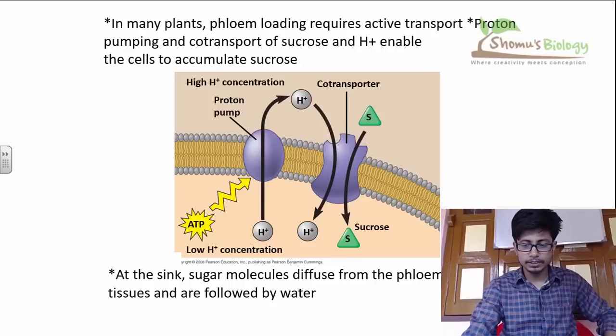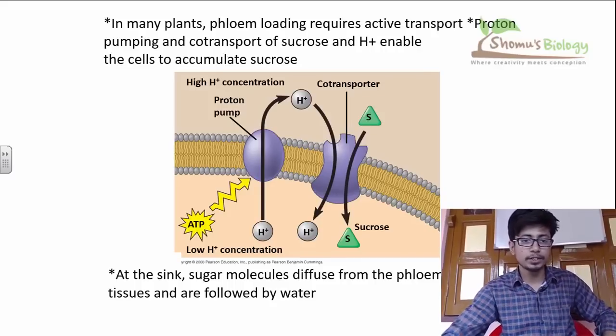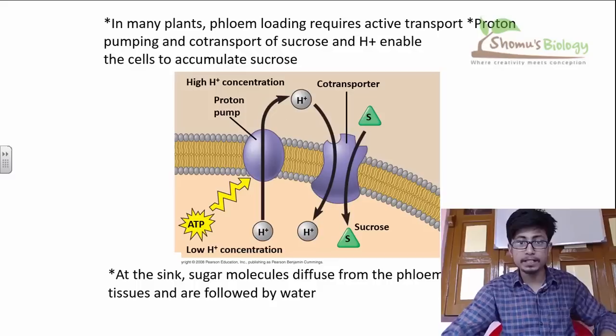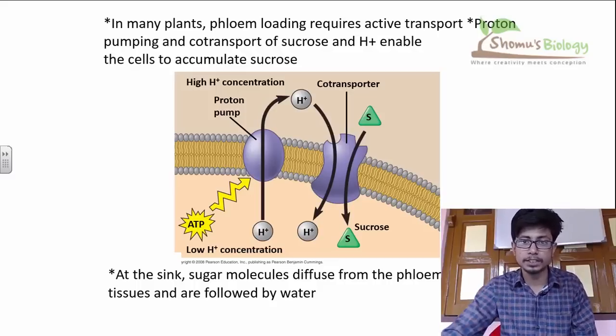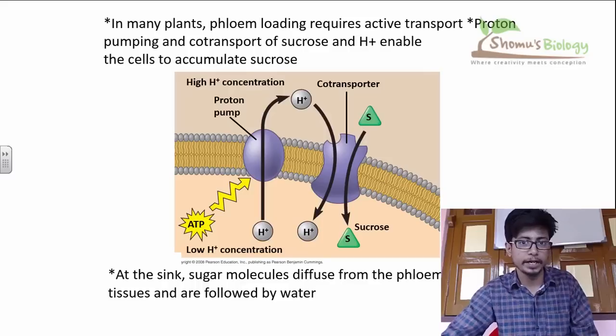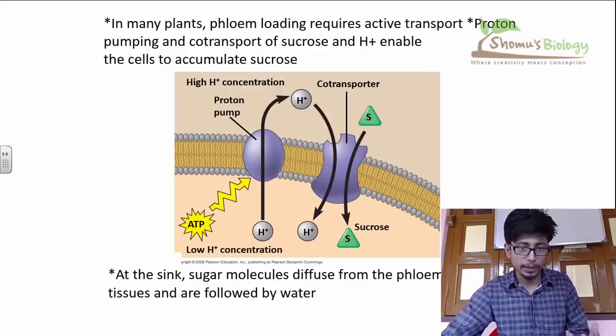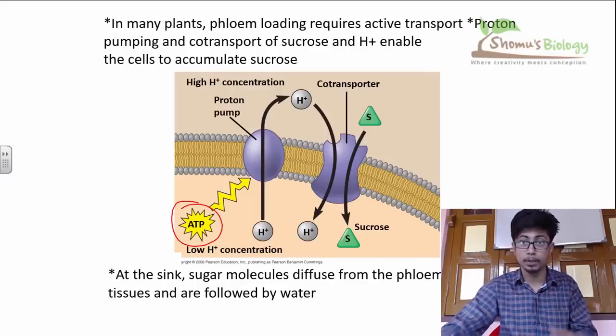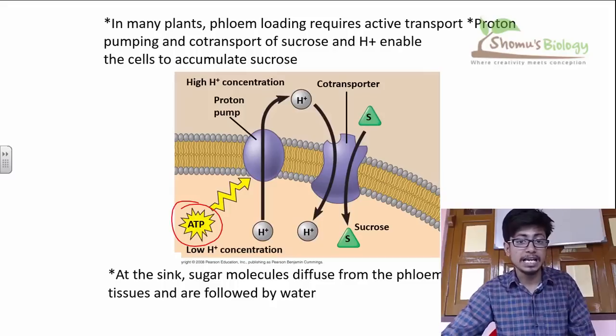So see, these are the stages. Active transport is required, and this is how it works. In many plants, phloem loading requires active transport. As you see, there are proton pumps, and they are very effective because protons are pumped out. Once you pump protons out using some ATP, because it's an active transport process, ATP hydrolysis provides the energy.